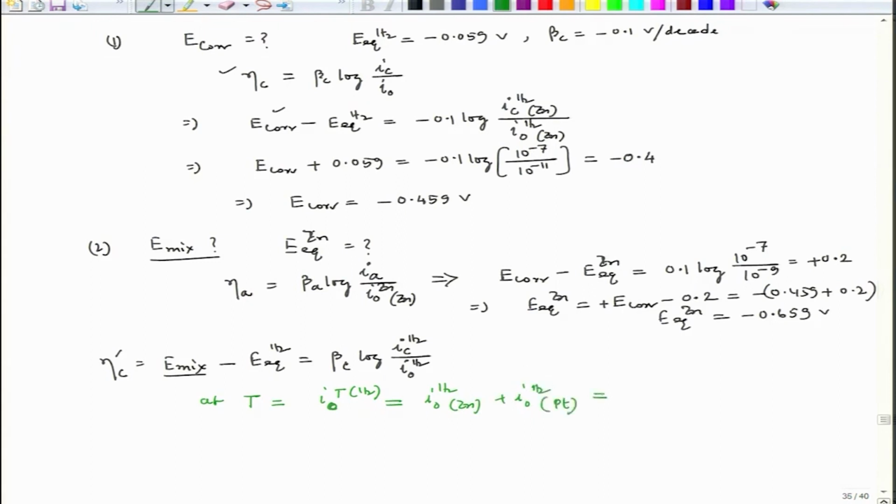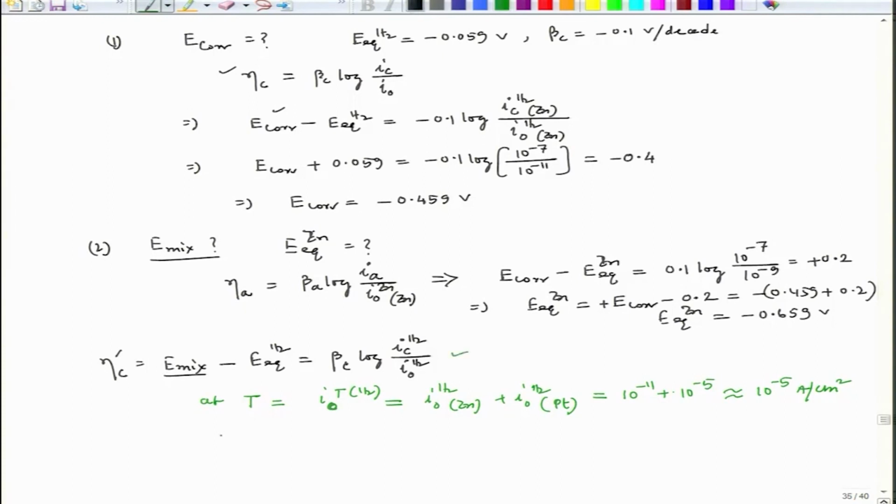So, equal to 10 to the power minus 11 plus 10 to the power minus 5, which we can consider as 10 to the minus 5 ampere per centimeter square. Once we know this, I can put it up here.